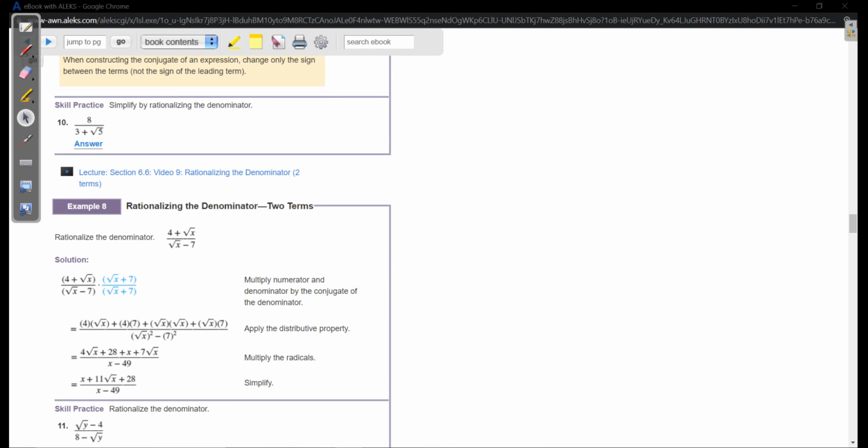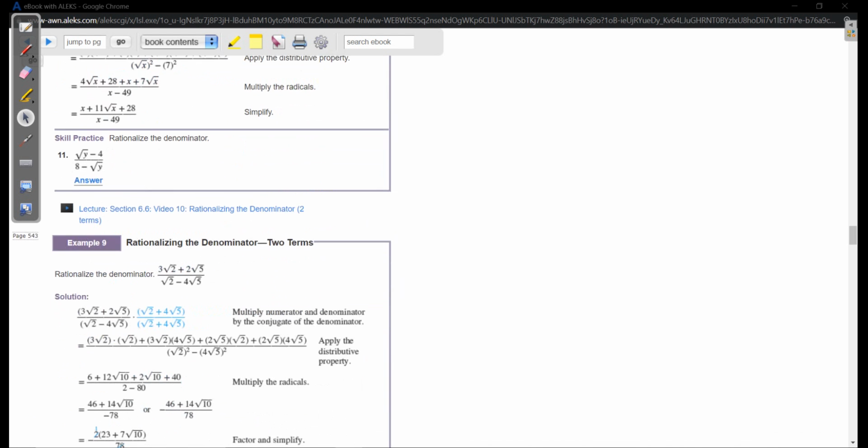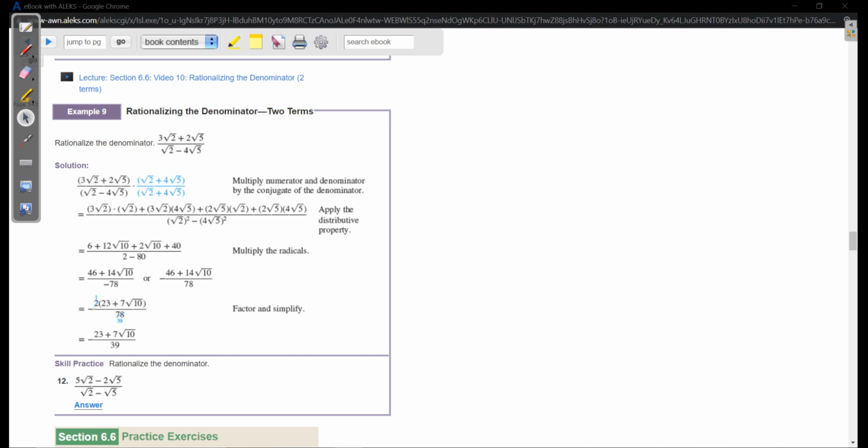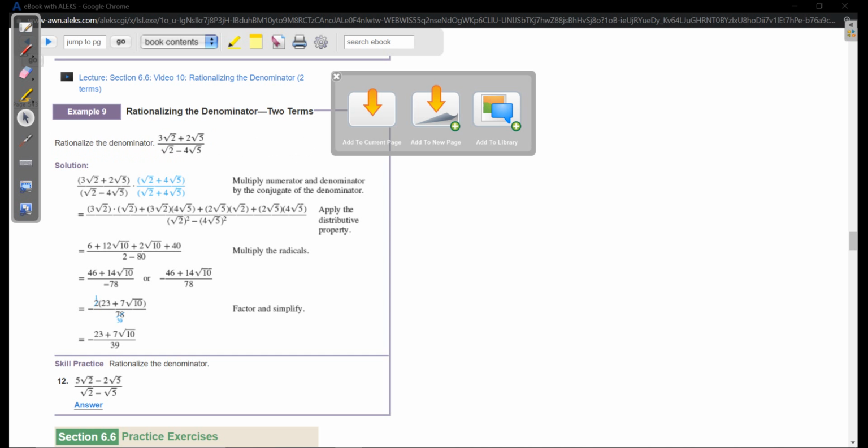This is basically the same example. We just got the FOIL in the numerator. Instead, we're going to work on this one, right? The harder one. This one is absolutely ridiculous. And again, example 8 is basically this, but easier. So if we need to rationalize, oh man, this is going to be a couple pager here.